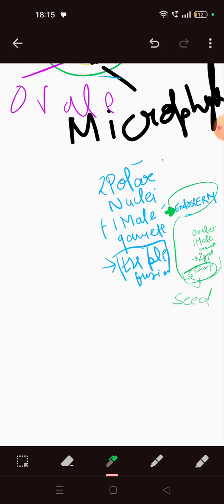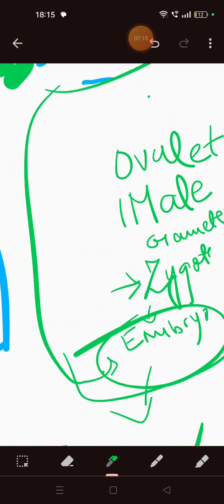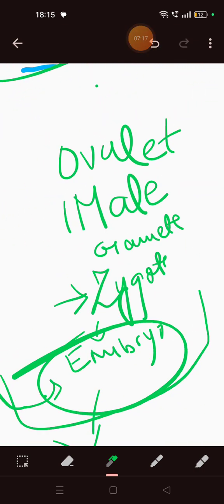Now we know about triple fusion. Now what is syngamy? This comes as a doubt. So syngamy is basically the normal fertilization that we all know, that ovule plus one male gamete is forming zygote.